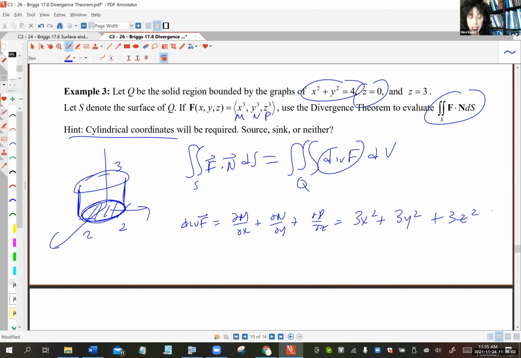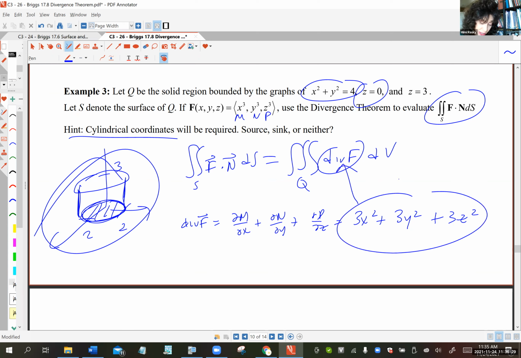Because some people might look at 3x squared plus 3y squared plus 3z squared and think that kind of looks like spherical. But the solid is not a sphere or a portion of a sphere, so it would be really hard for you to convert this to spherical. I wouldn't. I don't like pain. Because we have a cylindrical surface, cylindrical coordinates are the best bet.